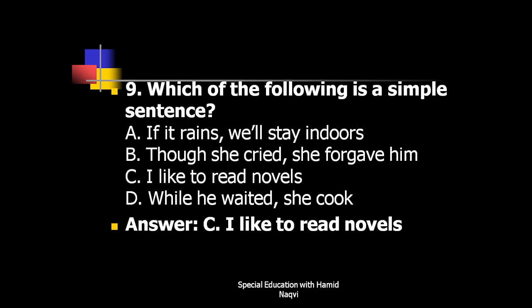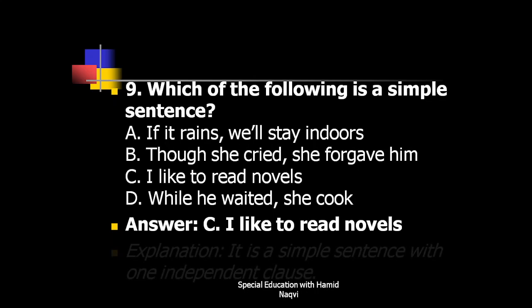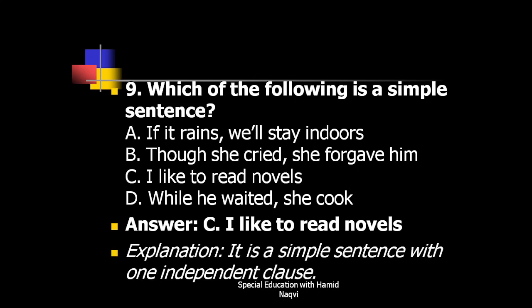We'll discuss the types of sentences in the following slides: simple sentences, compound sentences, complex sentences. But suffice to say here that I like to read novels is a simple sentence because it has one independent clause.